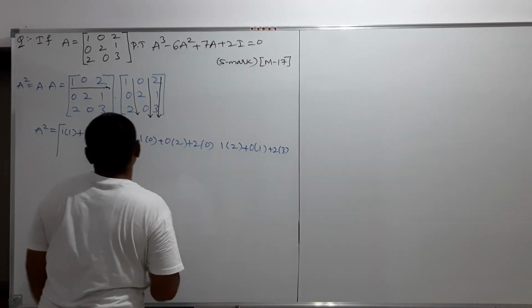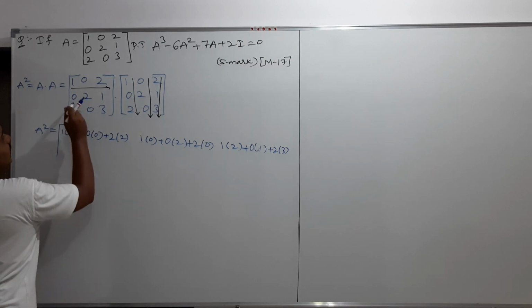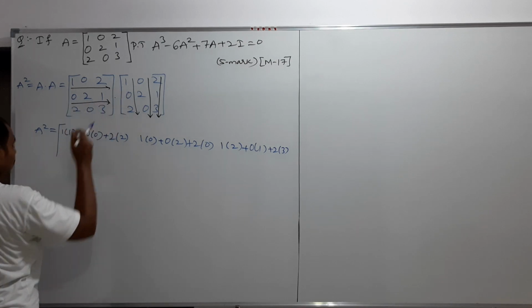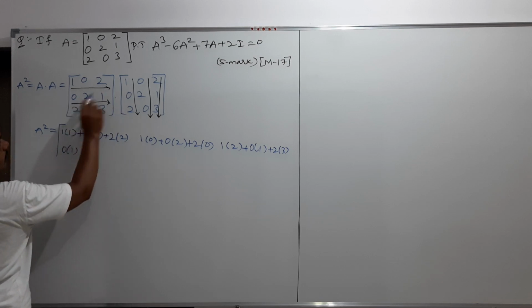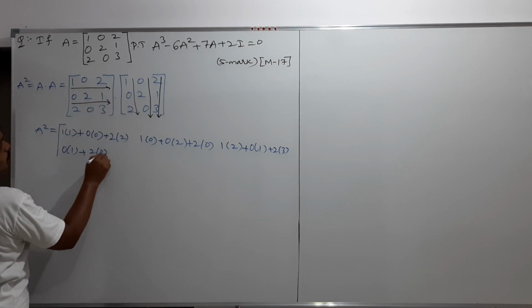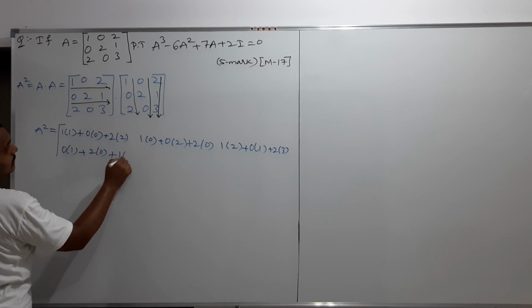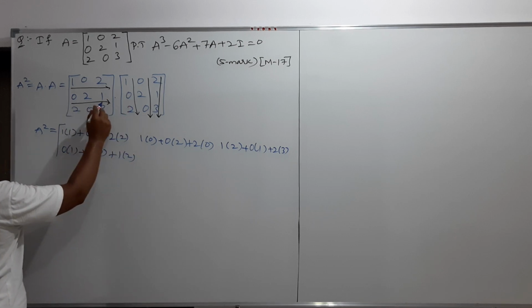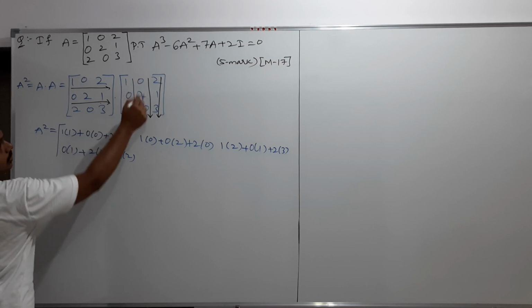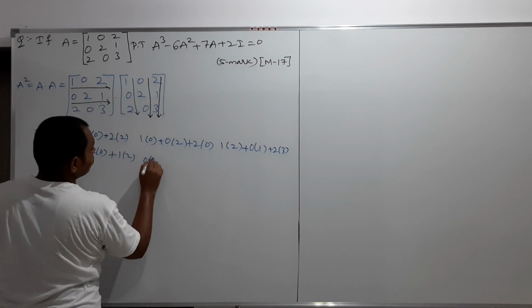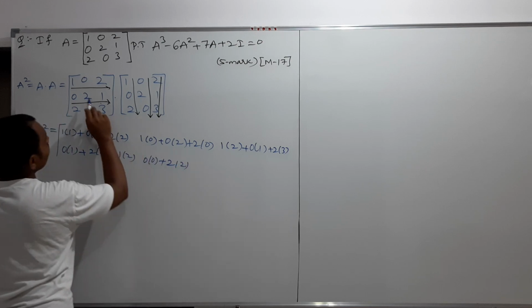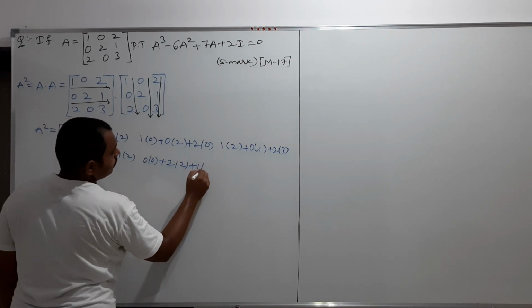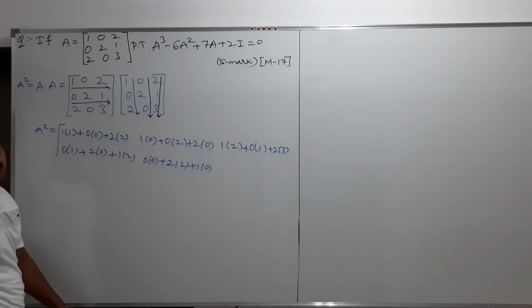Like this you should multiply. Next, second row, first column: 0 into 1 plus 2 into 0 plus 1 into 2. Second row, second column: 0 into 0 plus 2 into 2 plus 1 into 0.